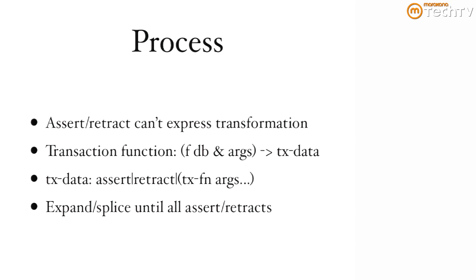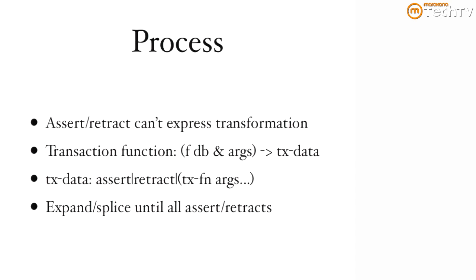So we said transaction data is assertions and retractions of facts. Now we're going to say transaction data is assertions and retractions of facts, or transaction functions and arguments, which means that we can have a transaction function called add, which will be passed the database. We say add $10 to Sally's bank account. That function will be run inside the transaction.